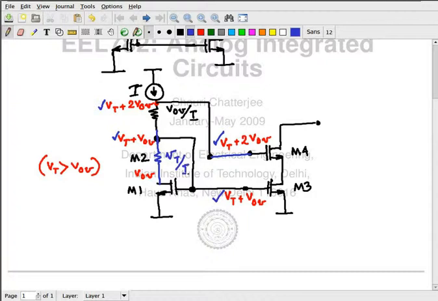Vt by I, right? Not VOV by I. No, but that won't work. You want the drain of M1 to be at VOV. Why do you want it to be at VOV?